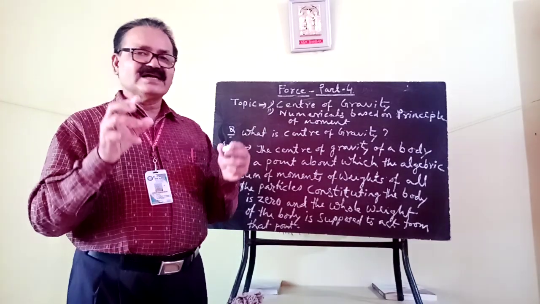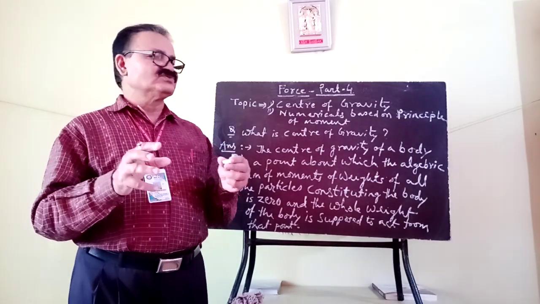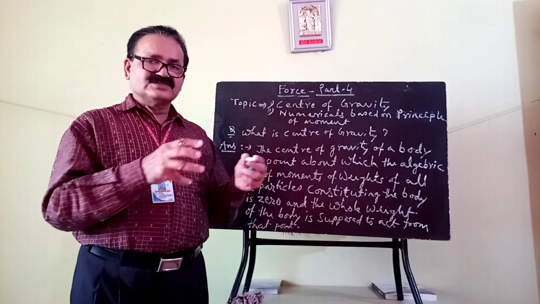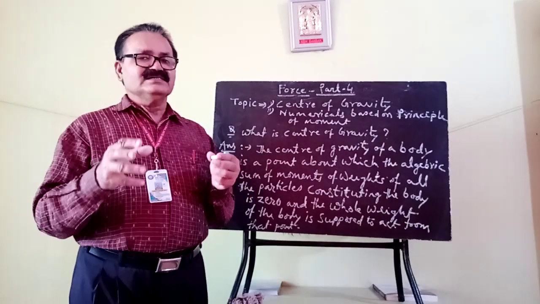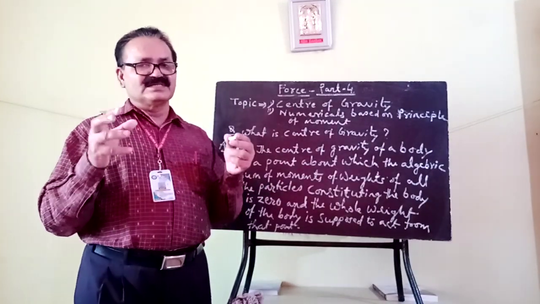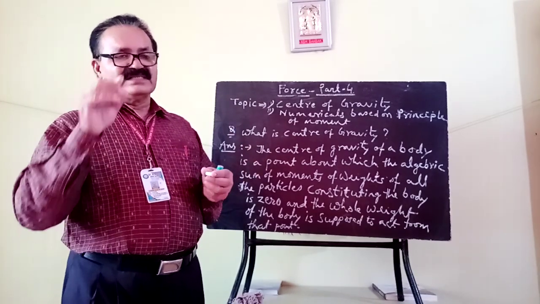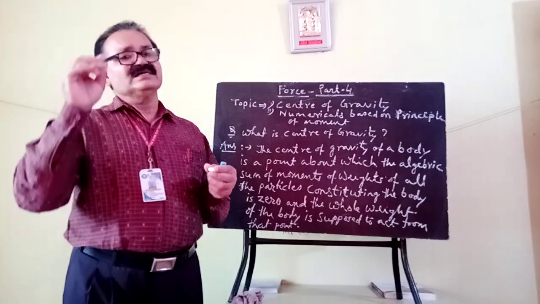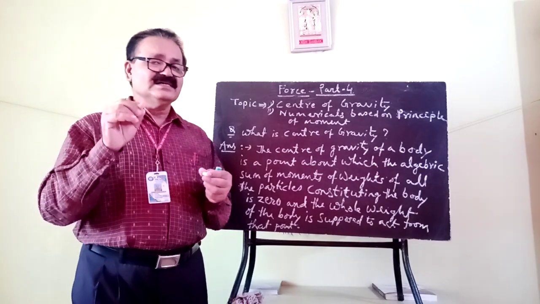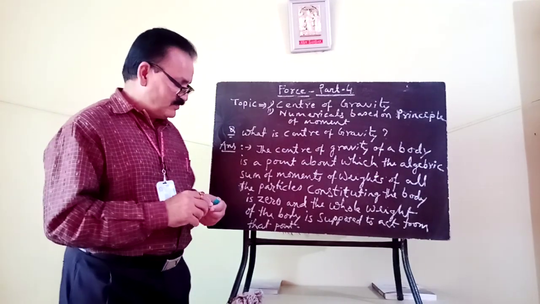If it is a triangular lamina, that means it consists of 3 sides, then the center of gravity lies on the centroid. Centroid means the point of intersection of the medians.